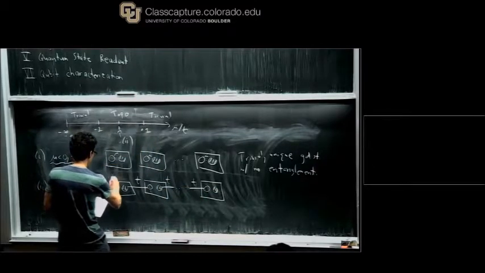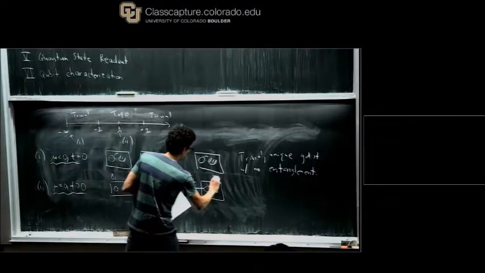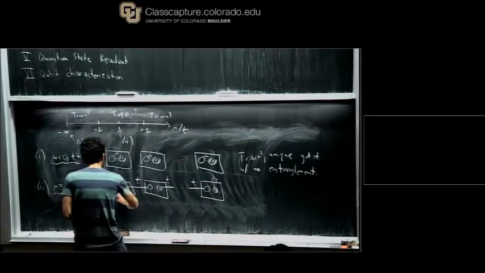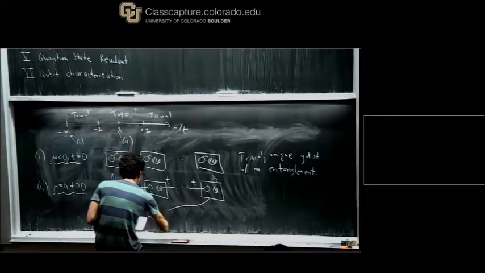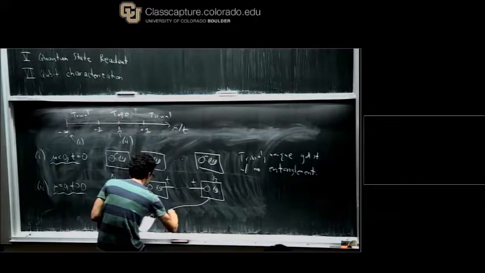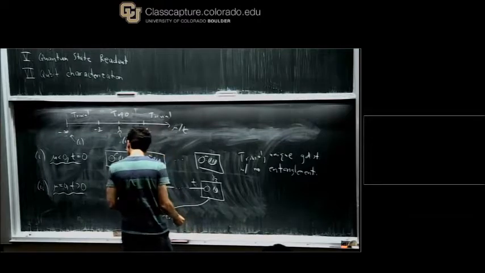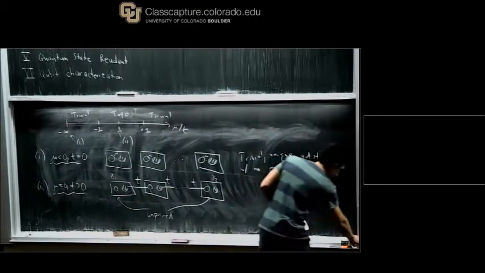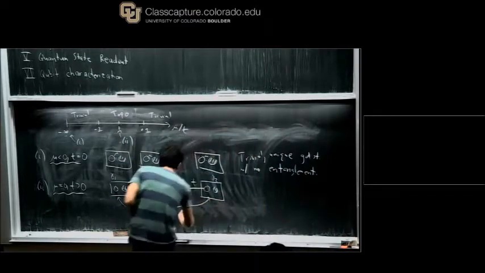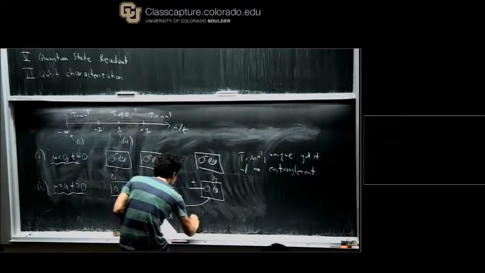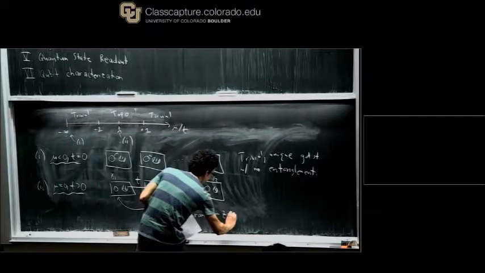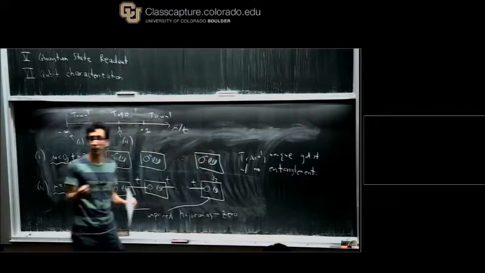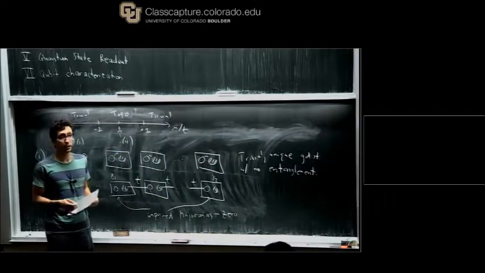I'm going to call these gamma_1 and gamma_2. And those correspond to zero modes, which will encode an unusual kind of degeneracy, as we'll see.